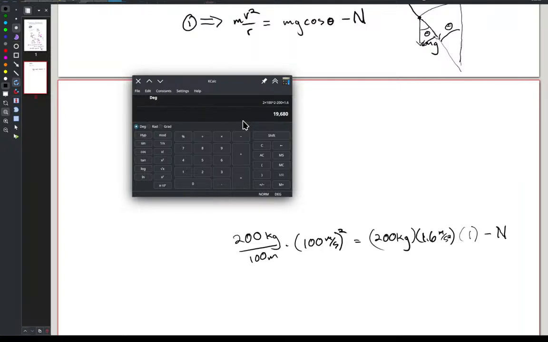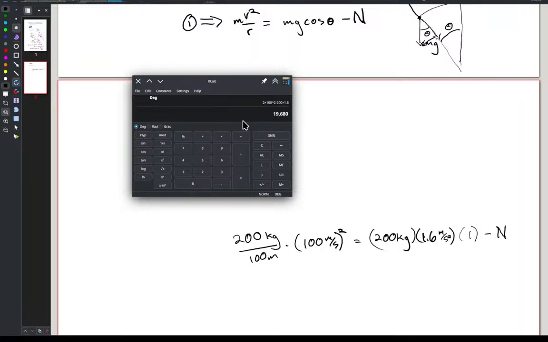So n would be negative 19,000 newtons. We would need 19,000 newtons holding us to the surface of the moon somehow, which is probably about the size of a pretty big boat anchor to keep you onto the moon.